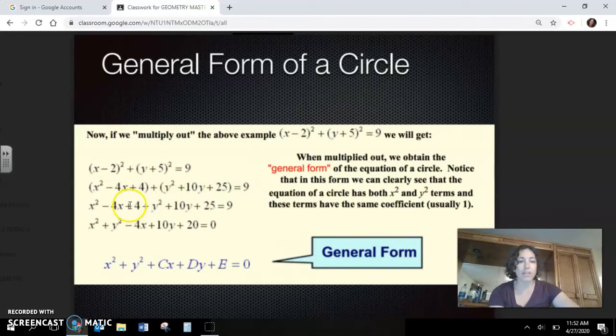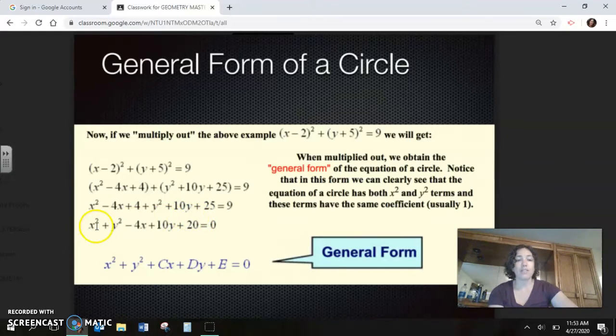Okay, then what they did in this next step is they took away the parentheses, and then they combined like terms. If you notice, you have a 4 here and a 25 here, that makes 29. And if you subtract the 9 to the other side, you're going to be left with 20. Nothing else changed. They did put it in order from highest exponent to lowest exponent because that's standard form.